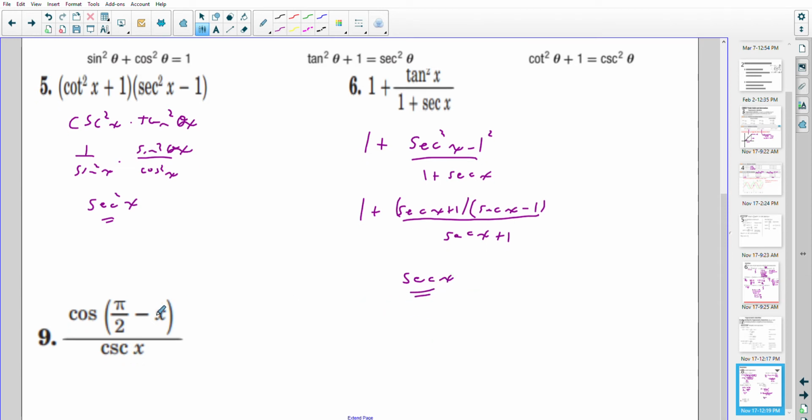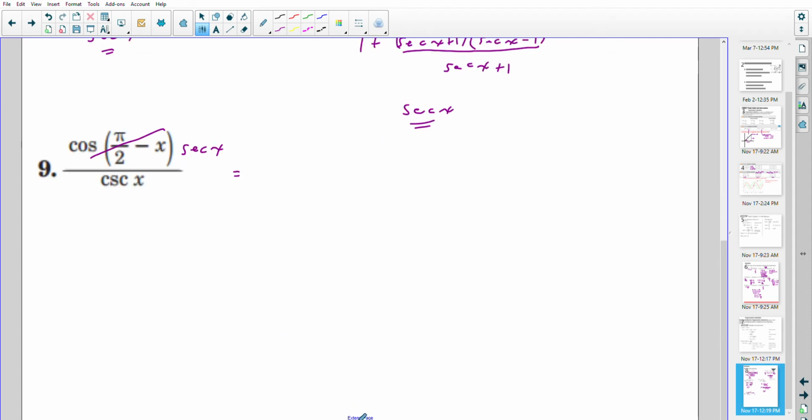Looking at the last problem, there's my cofunction identity, where this now is just equal to the secant of x. And now I'm going to go ahead and simplify this, so it's 1 over the cosine x over 1 over sine x by the reciprocal identities.